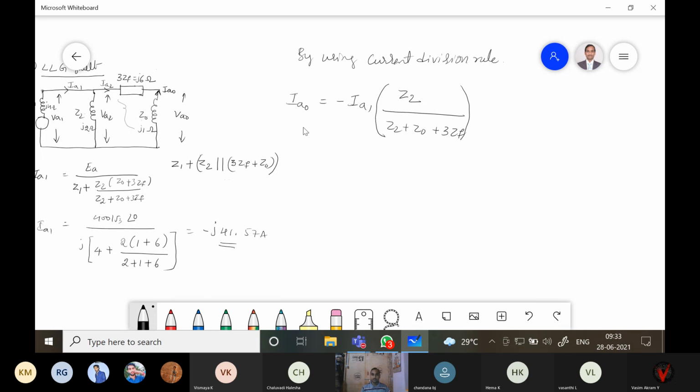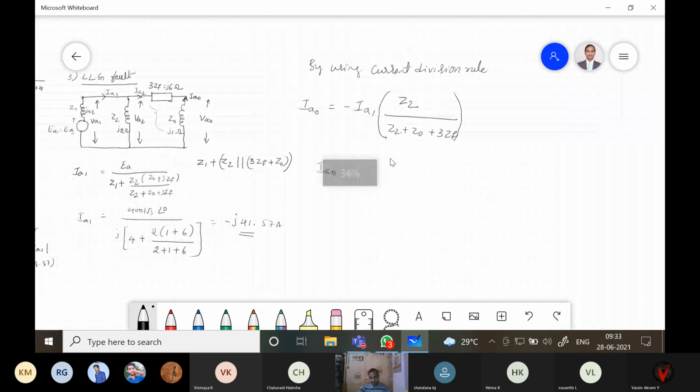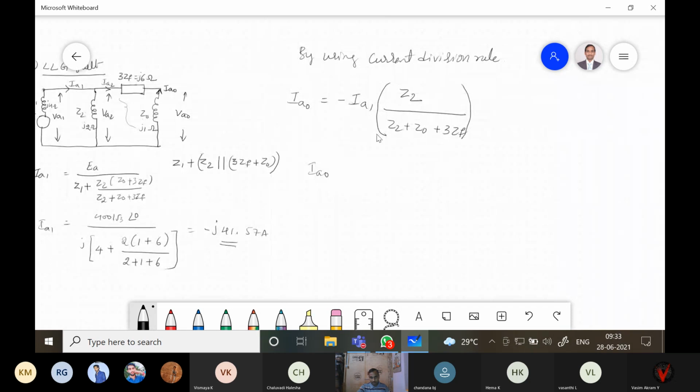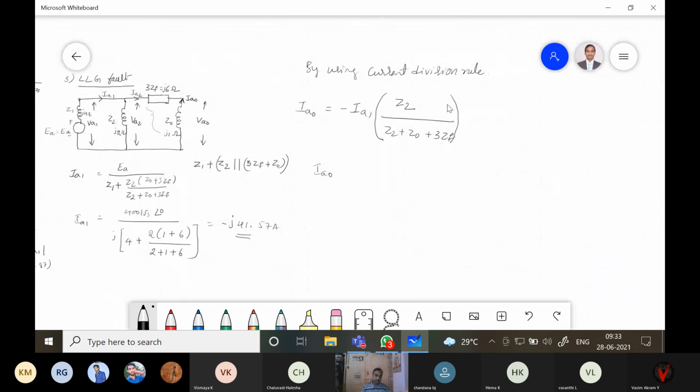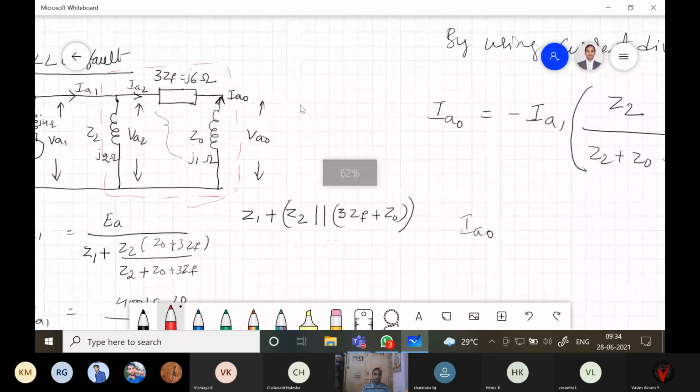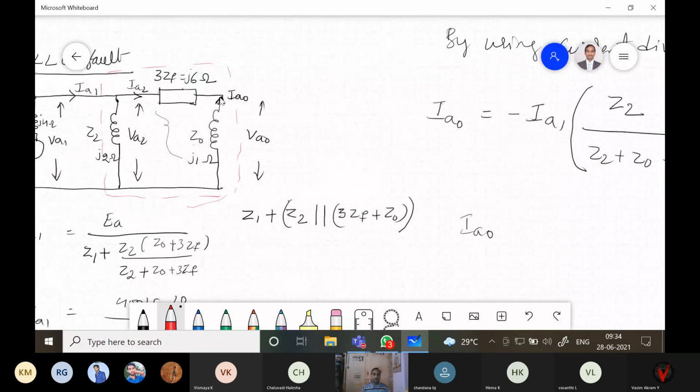How to calculate the IA naught equation? Current division rule: main current into opposite impedance divided by the sum of total impedance. We need to consider this circuit, in which we are calculating the branch current IA naught.